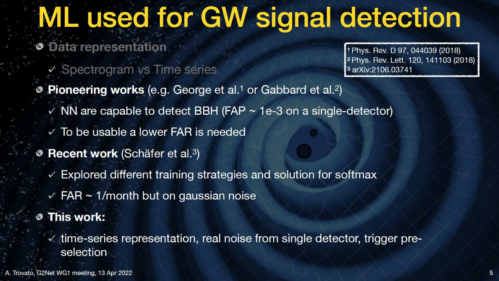In this regard, many papers have tried to do something similar, but usually, even if they start, as is normal, with one detector's data, the goal is to put together data from many detectors to reduce the false alarm rate.